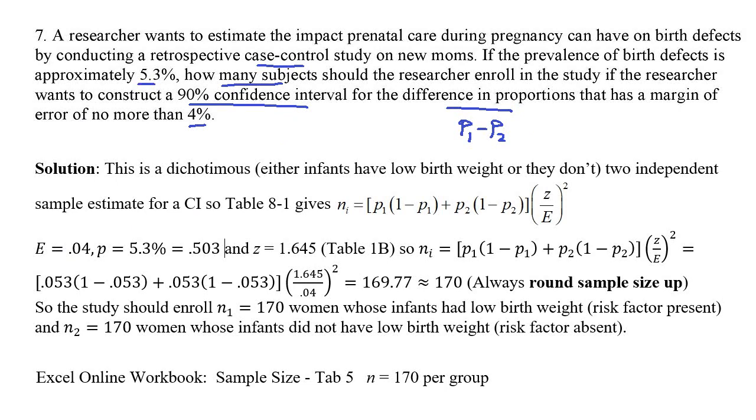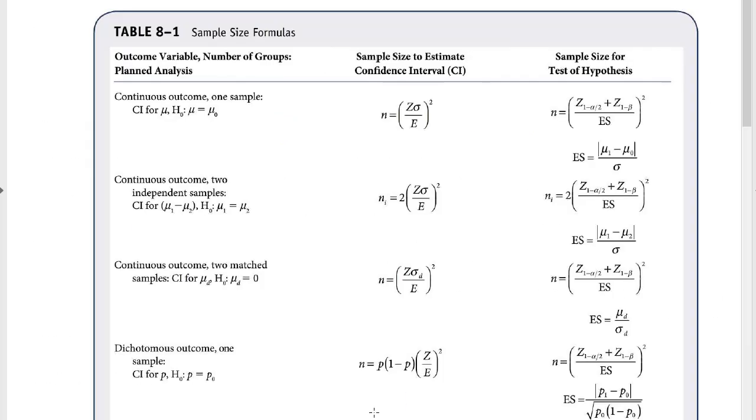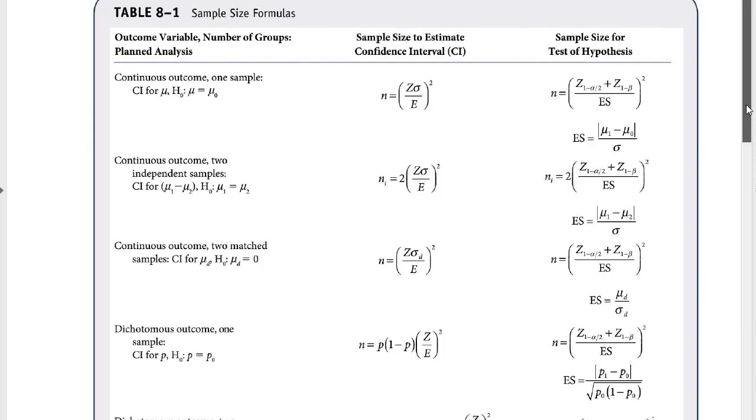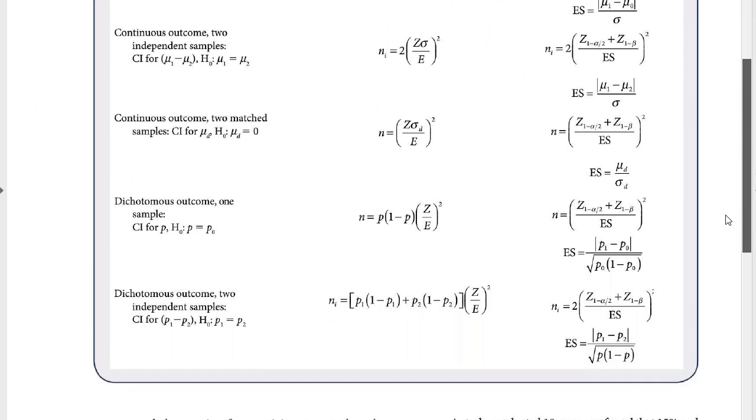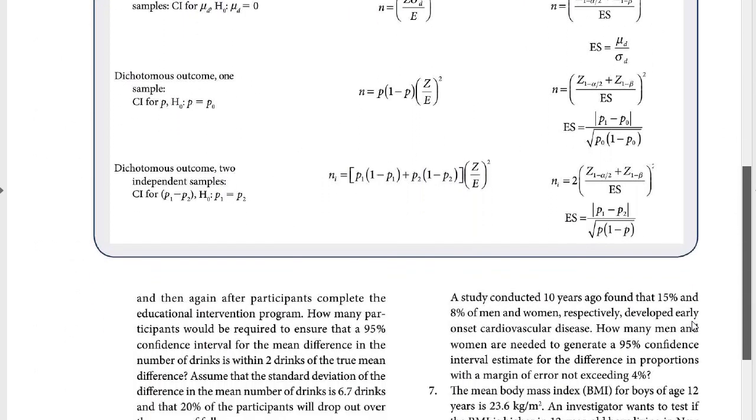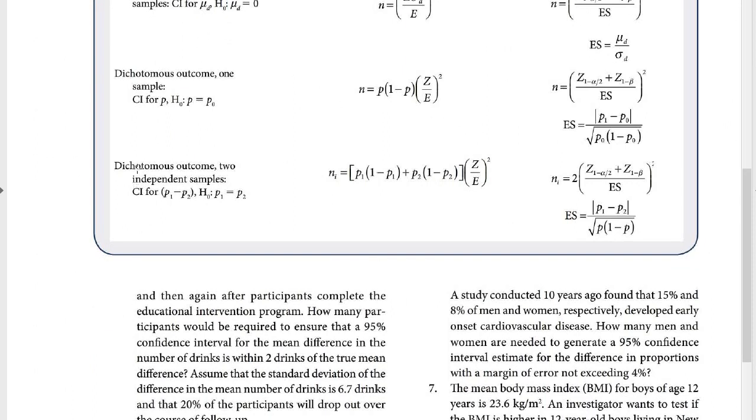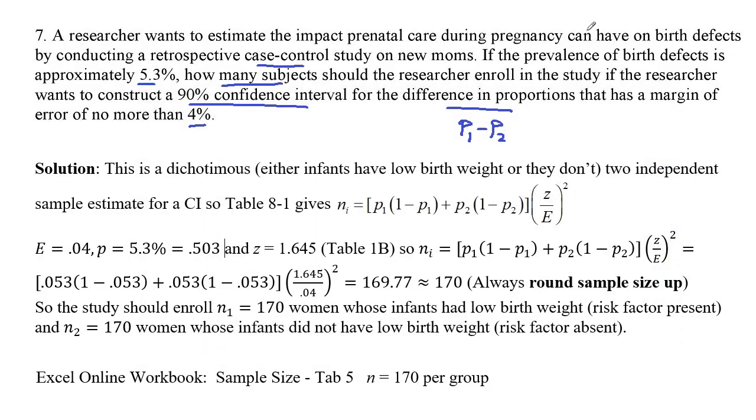So if we look at table 8.1 here, we've got confidence interval here, and then we've got two independent dichotomous, 2 independent samples. That's difference of proportions. That is this formula. And that is right here.